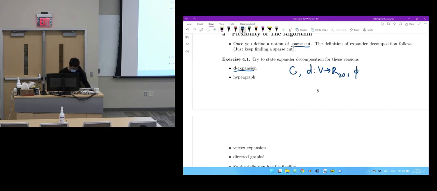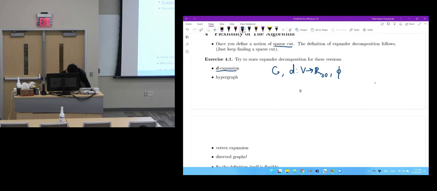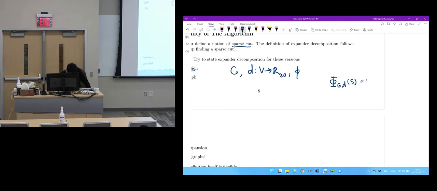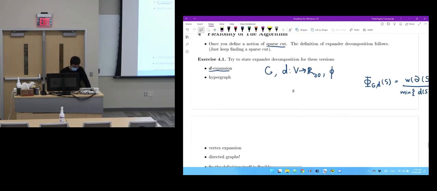Just to recall, the expansion of any set is defined to be the weight of the cut over the min.